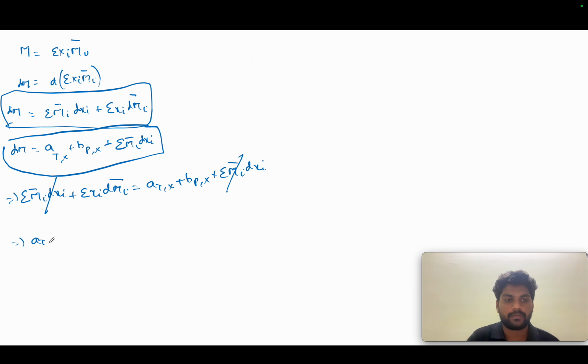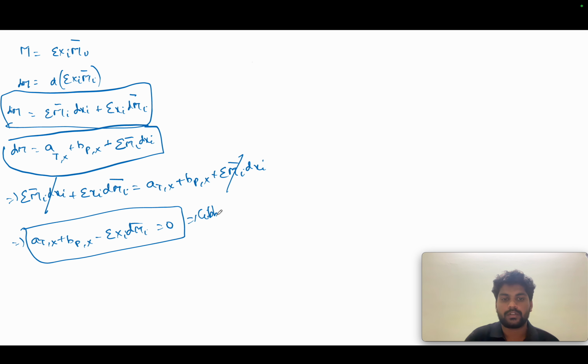So now you have minus sigma of, which is nothing but the Gibbs-Duhem equation. If you go through the last classes, you will find that this is the Gibbs-Duhem equation.